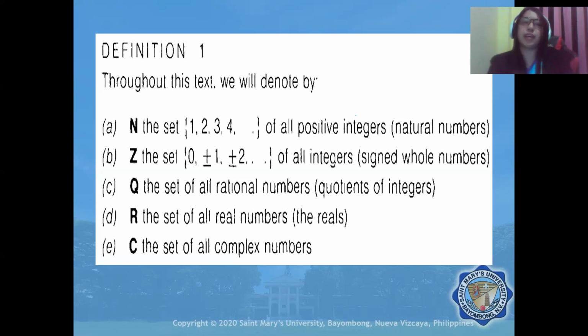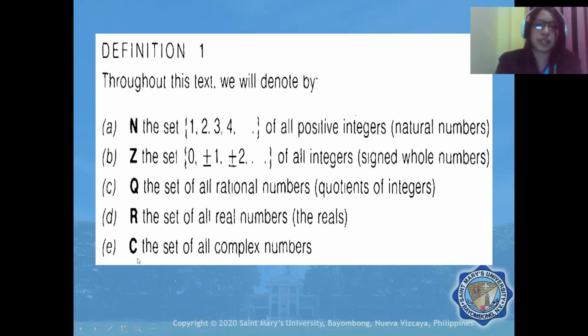Okay, so we also have some definitions. As mentioned in our descriptions or definition, we can use capital letters. Here we have a fixed letter for the following numbers. For N, this is the fixed letter that we use for positive integers or natural numbers. Z refers to all integers. Letter Q is rational numbers. Letter R represents real numbers.